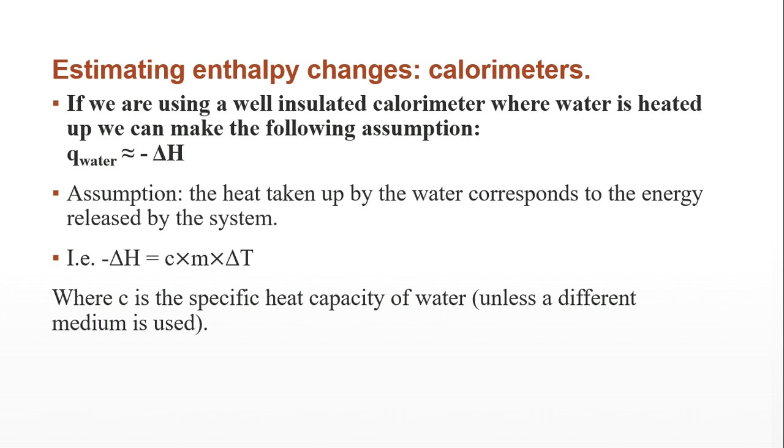And then I'll just end off by speculating on the name calorimeter. Because you've probably heard of calories, right? When you talk about food, the energy content of food is given as a number of calories. And joules, which we use, for example, in chemistry, can very easily be converted to calories instead.